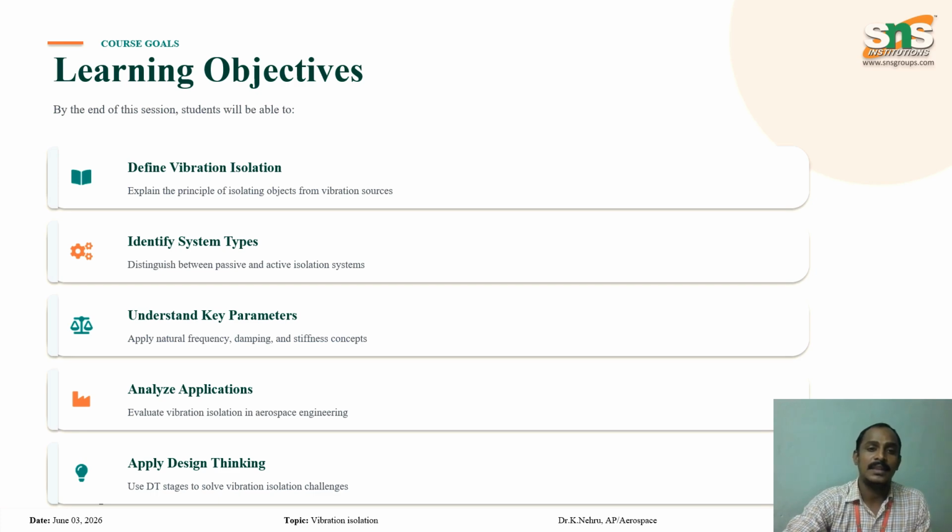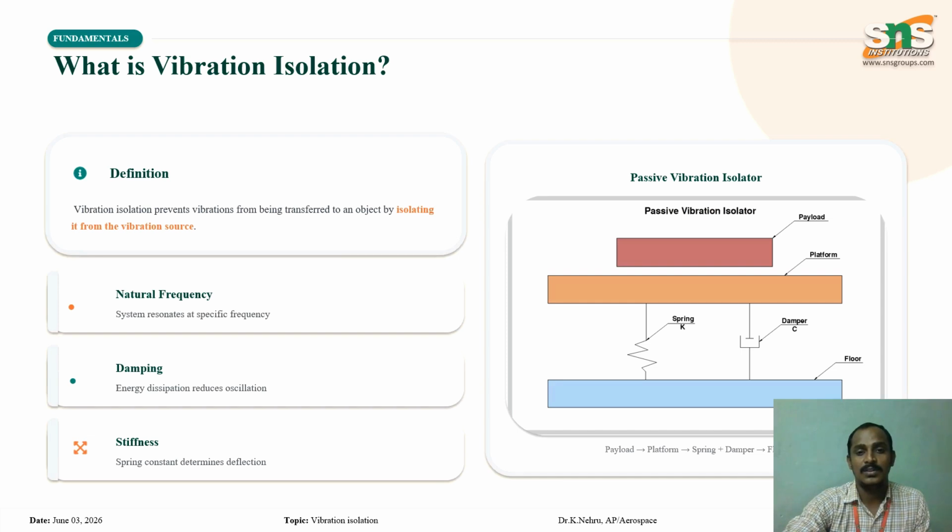Fourth, analyze real aerospace applications where vibration isolation improves safety, reliability, and passenger comfort. Finally, learn how the design thinking process can be applied to solve practical engineering problems of vibrating systems.